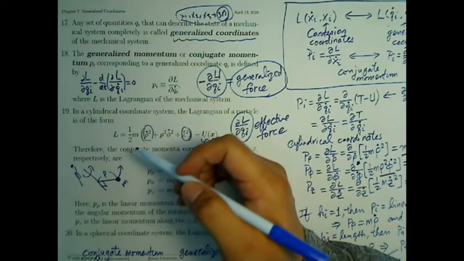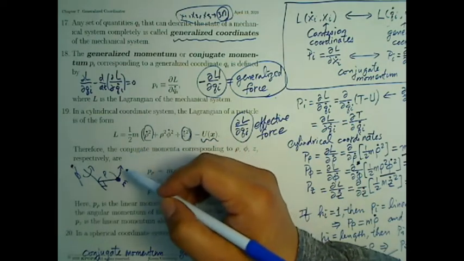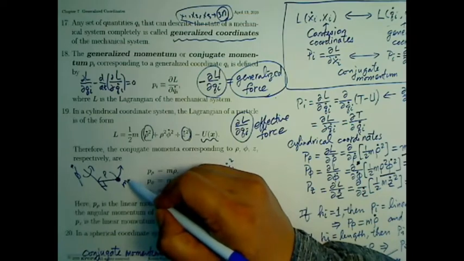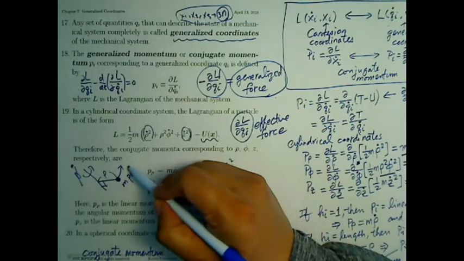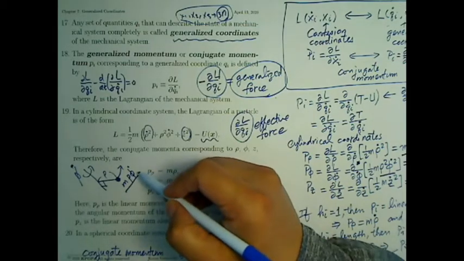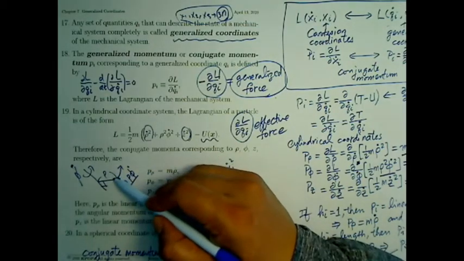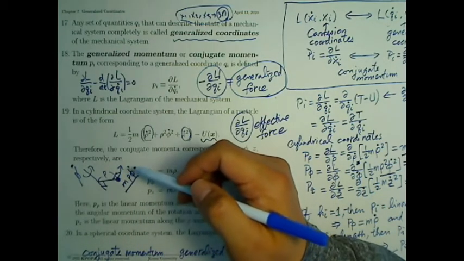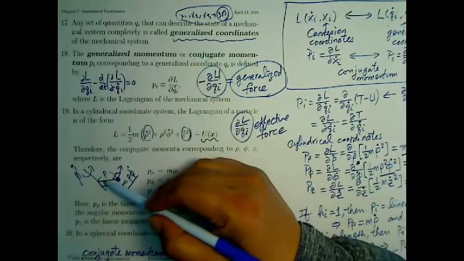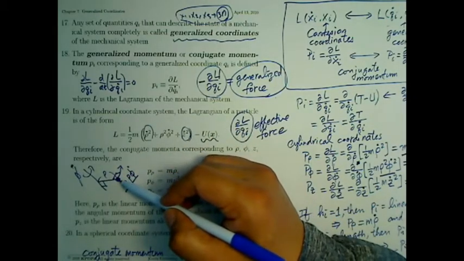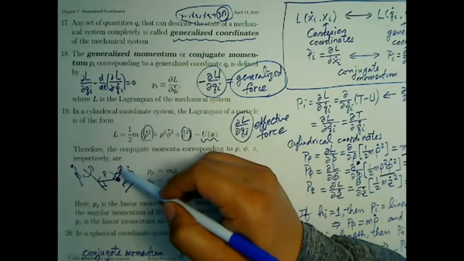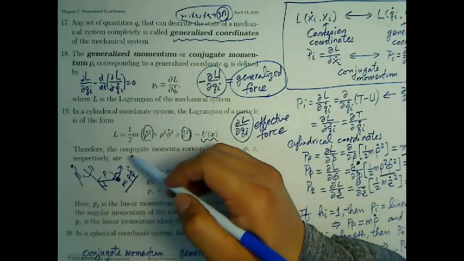The linear momentum is m rho phi dot, and this is the lever arm, and these two make right angles. So lever arm times linear momentum, that is r cross p.